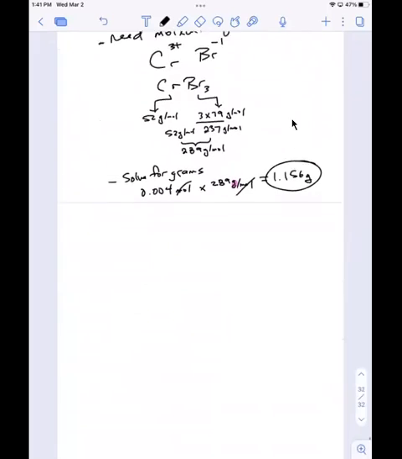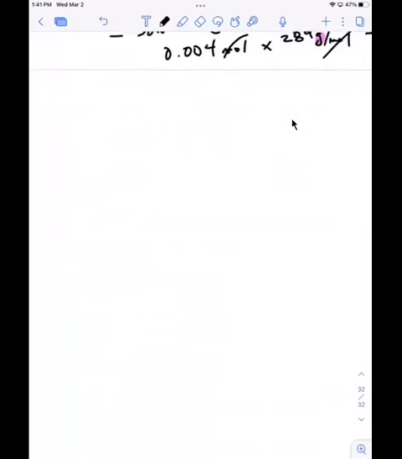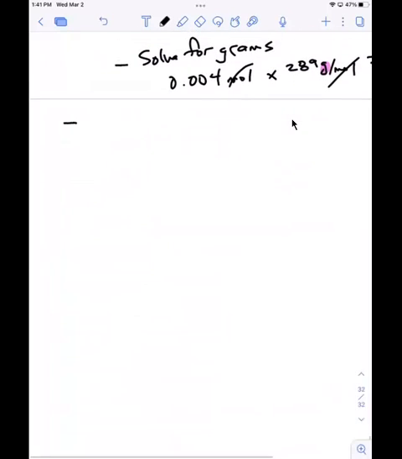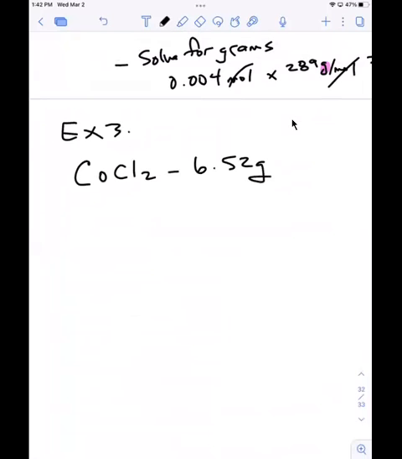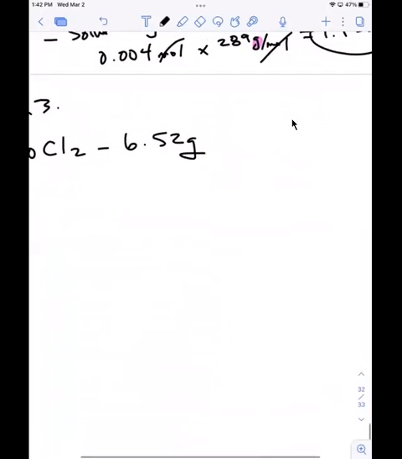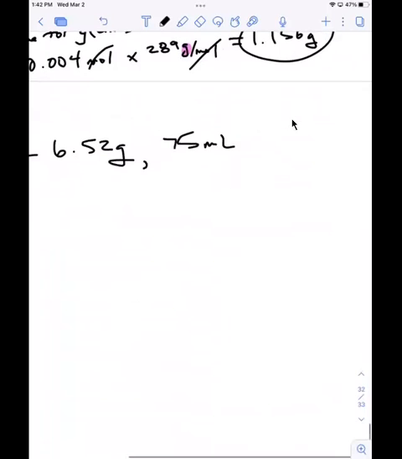All right, let's do another example. This is our third example. Let's say we have a solution of cobalt 2 chloride, and we have 6.52 grams of it. And we've dissolved that up in 75 milliliters of water.